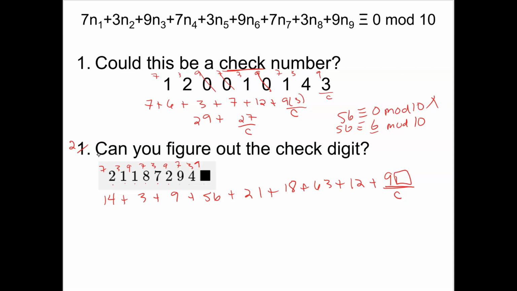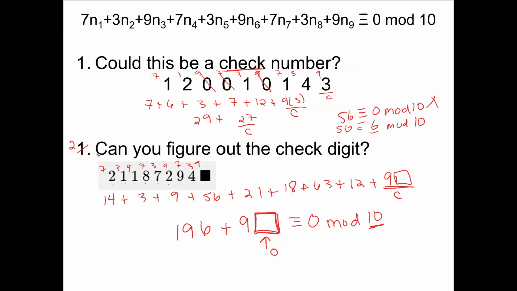When I add up all these other numbers, I get 196 plus 9 times unknown is equivalent to 0 mod 10. Now I'm going to guess and check this value. Okay, remember, it's a finite number. This is a single digit, so it's going to be between 0 and 9. So let's try 0.